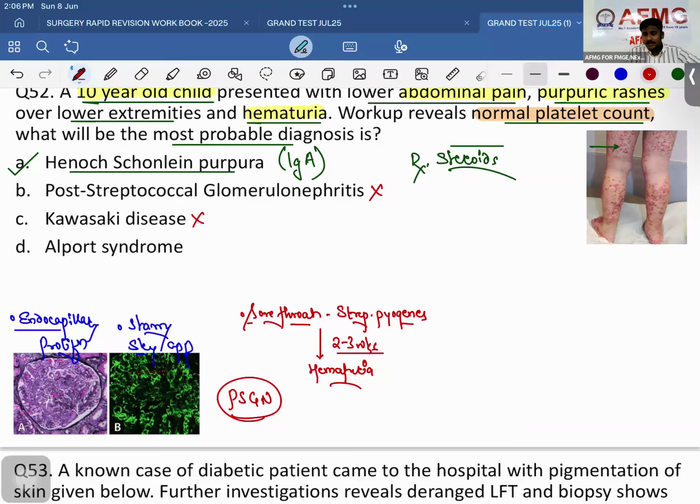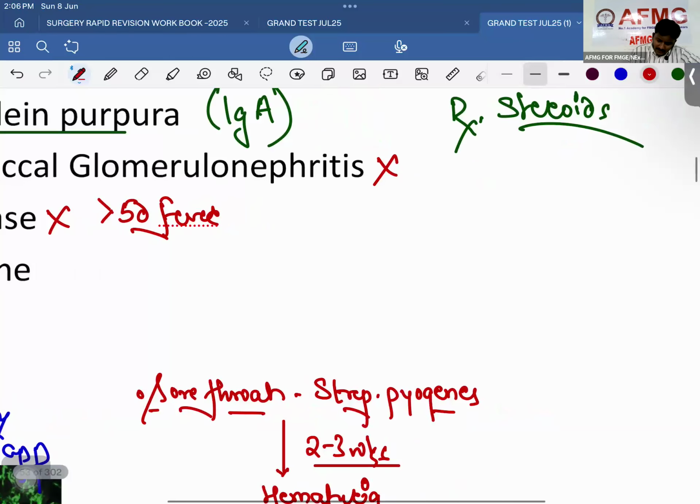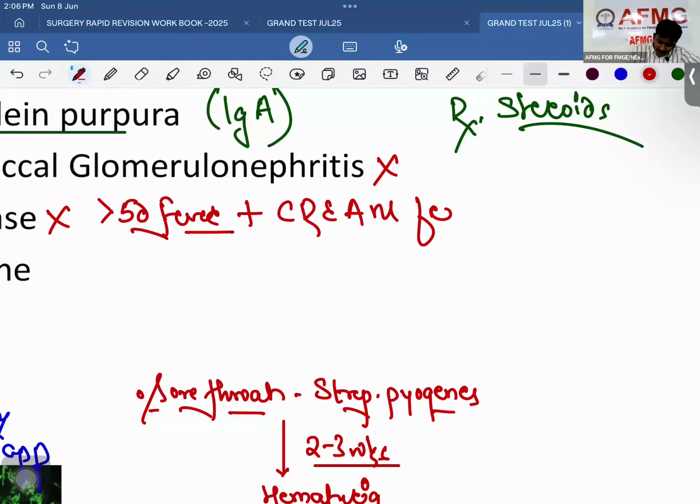Kawasaki disease is basically a medium vessel vasculitis. Here, the patient would have more than 5 days of fever, and along with that, the patient should definitely have 4 out of the 5 CREAM features. When I talk about CREAM features, C stands for conjunctivitis.